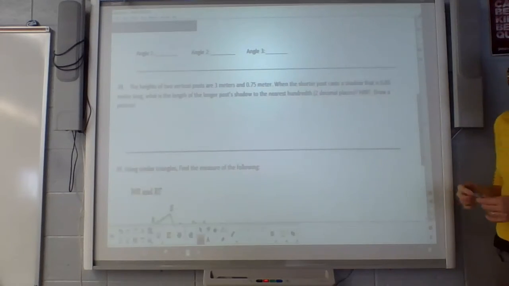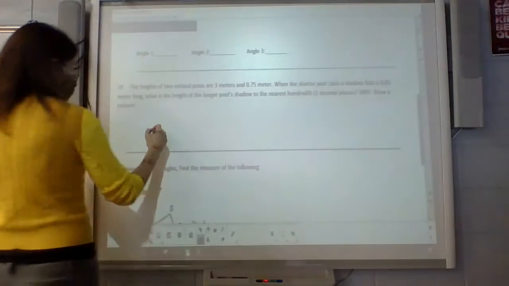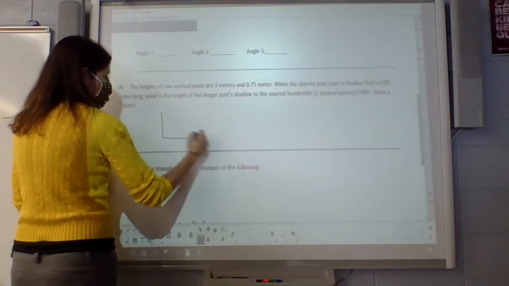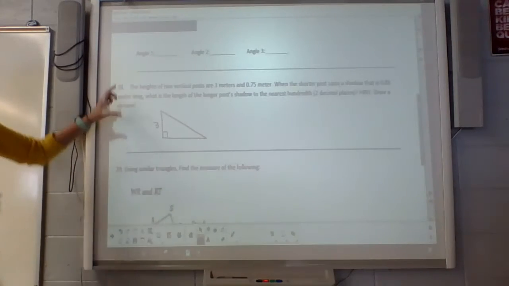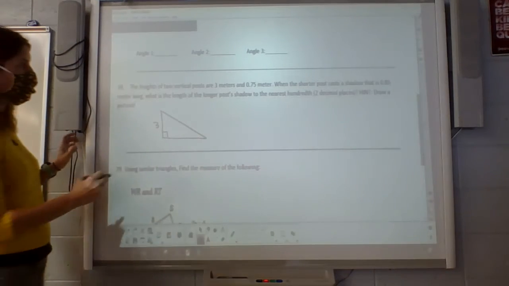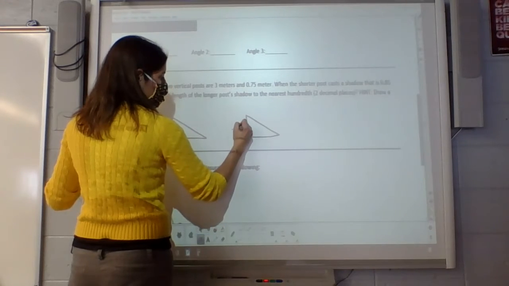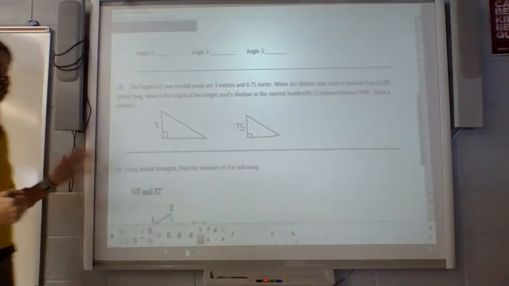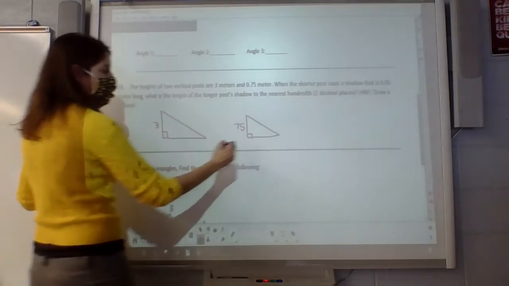So it says heights of 2 vertical posts. Basically like a flagpole, whatever happens to be a post standing. So we have a 3 meter high post and 0.75. Now you might be asking why I'm drawing a triangle. It tells me the shorter pole has a shadow.